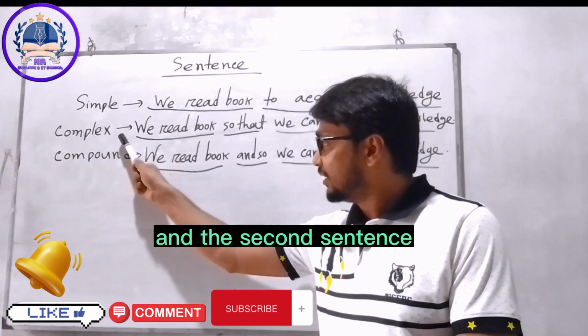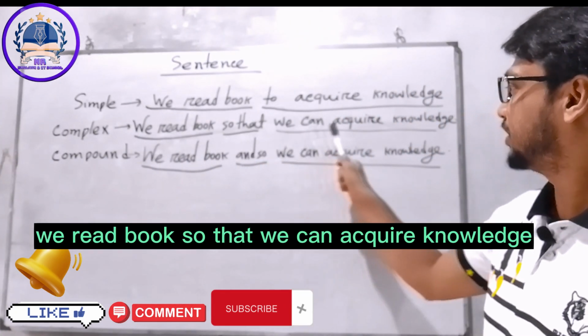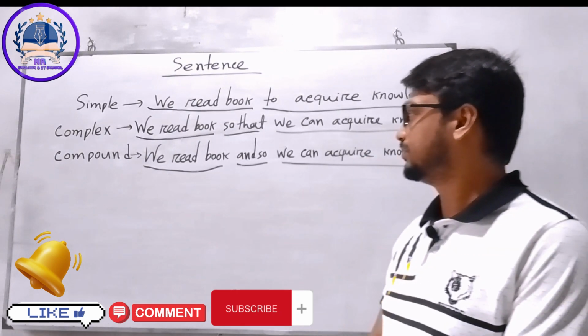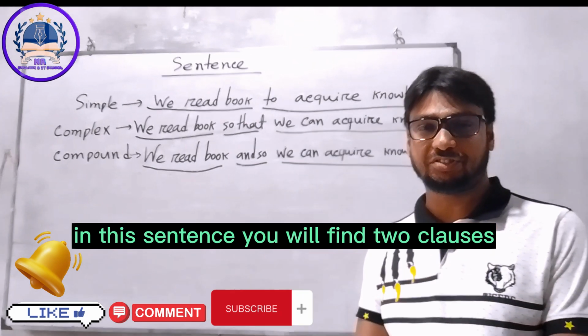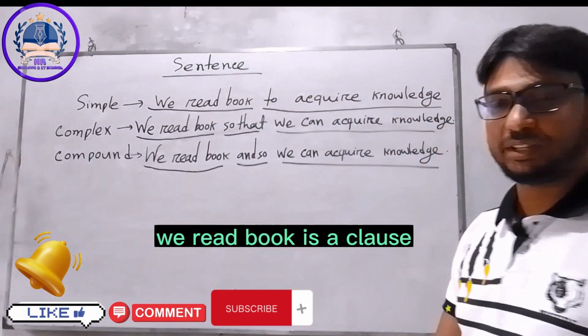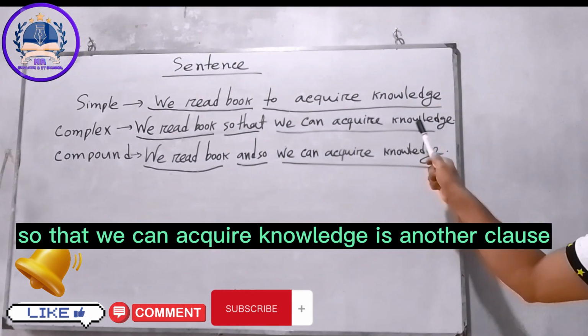And the second sentence, we read book so that we can acquire knowledge. In this sentence, you will find two clauses. We read book is a clause. So that we can acquire knowledge is another clause.